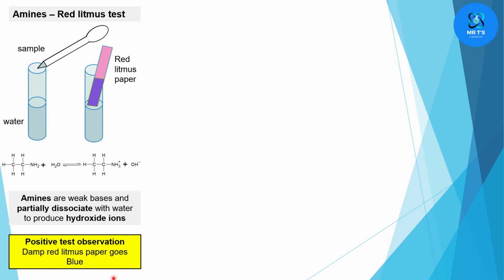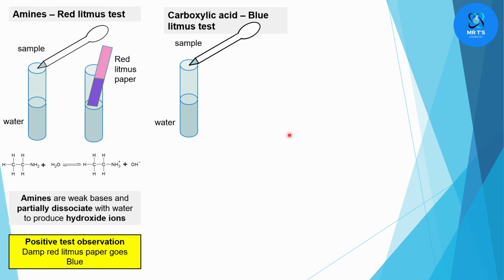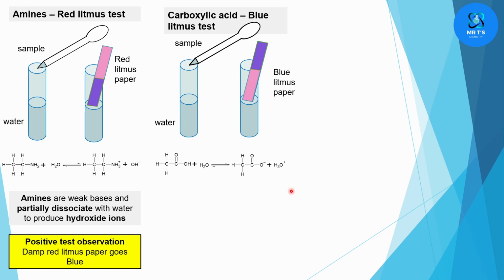The observation we're looking for is damp red litmus paper turns blue. If we want to test for a carboxylic acid, we're going to use a blue litmus test. We do exactly the same: we take some water, put our sample in the water, mix it, and take our blue litmus paper or blue litmus solution, and it will go red if it is an acid.